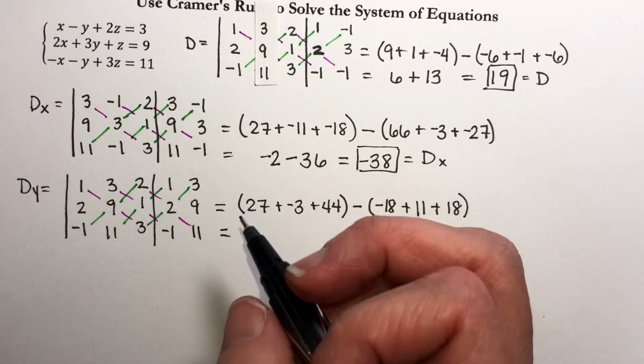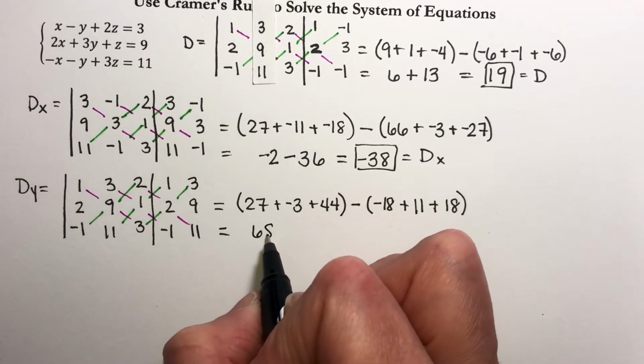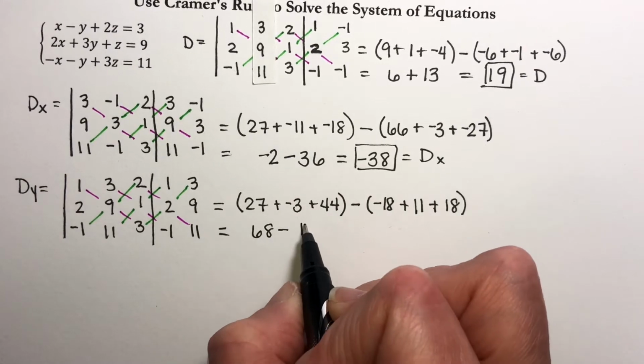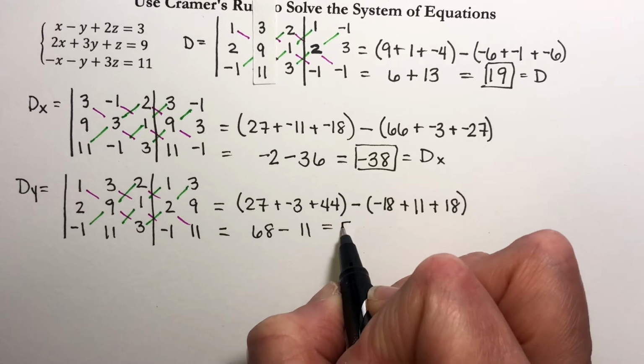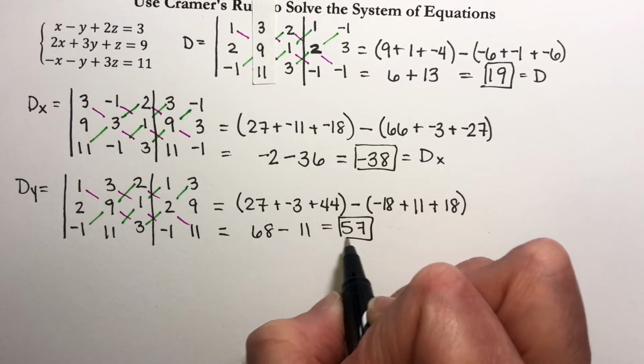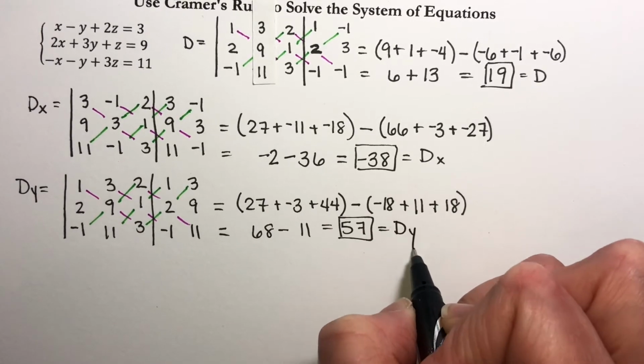If you do the arithmetic here, you'll get 68 minus 11, which is 57. And this was my dy.